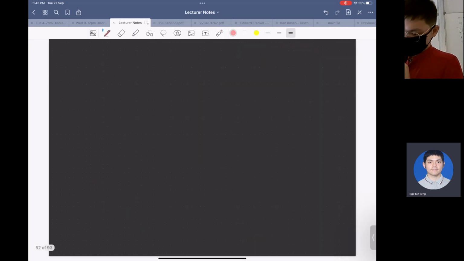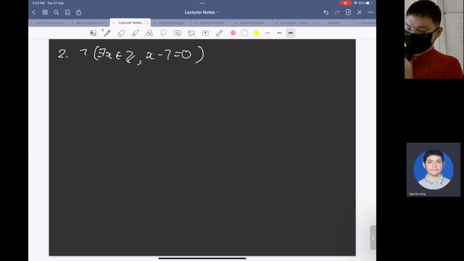The next. So what's the second example? Not there exists x in Z such that x minus 7 equals 0. So what's the negation of this?